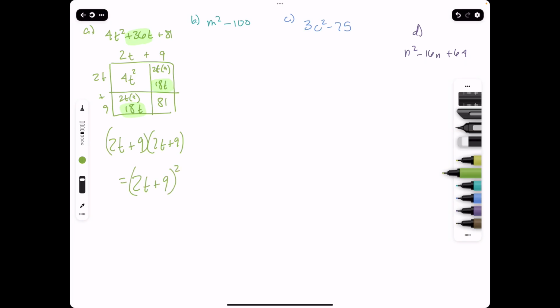You do need to have it written as simple as possible, being 2t plus 9 all squared.